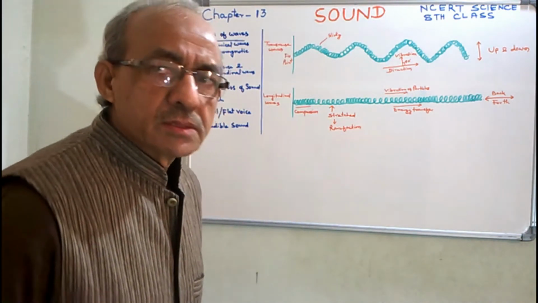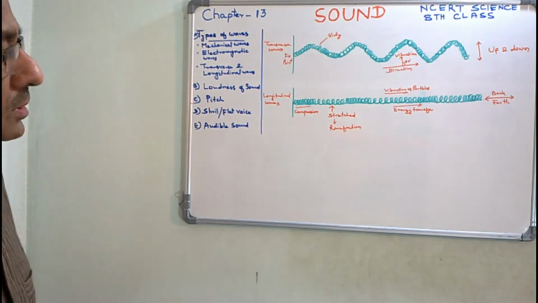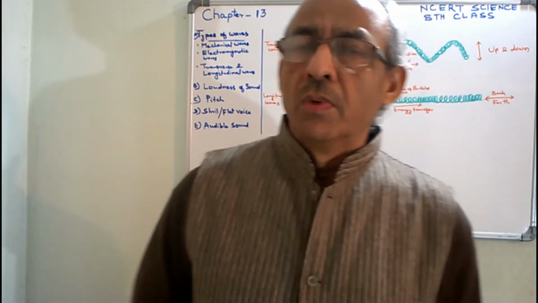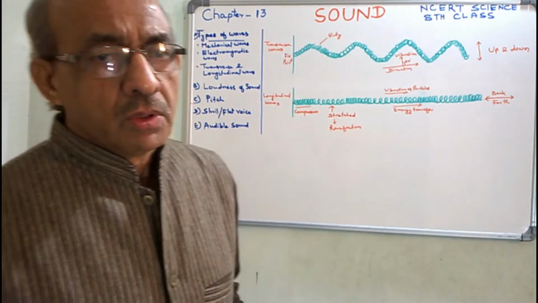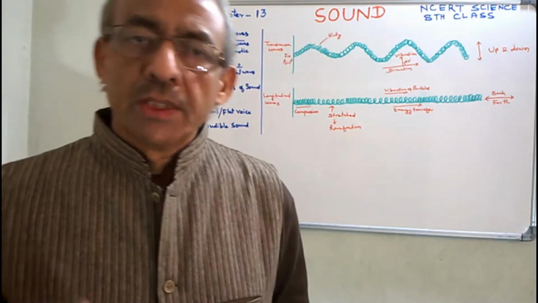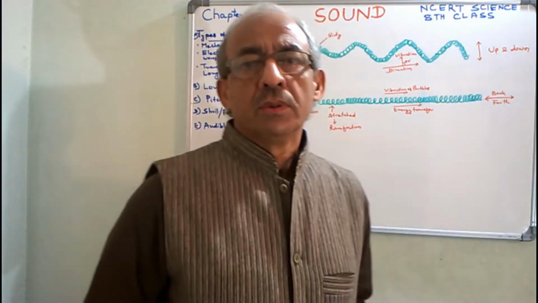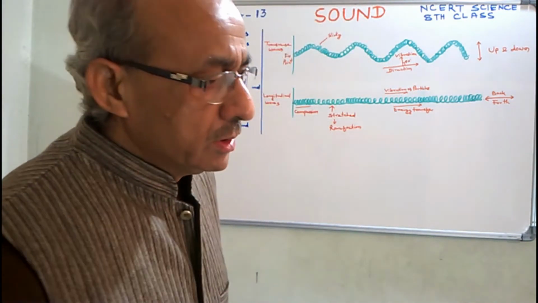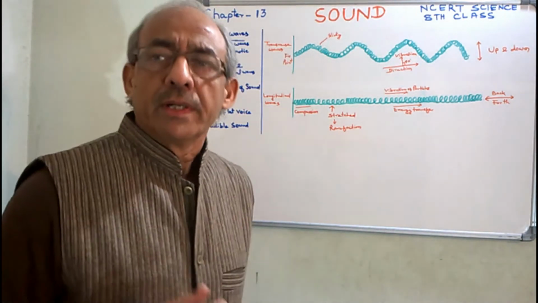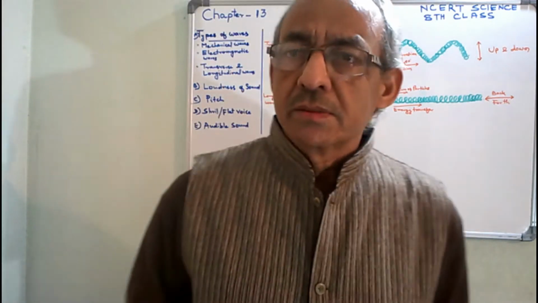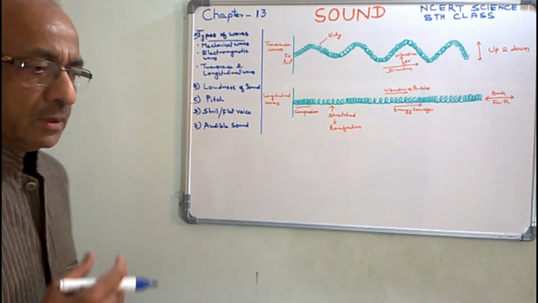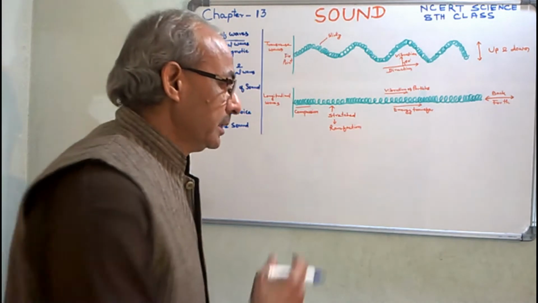In the previous three sessions, we have studied how waves are produced, and the properties of waves regarding oscillation, vibration, frequency, amplitude, speed of sound wave, etc. Please watch those videos so that you can benefit from them.